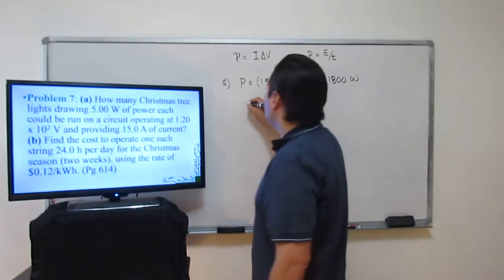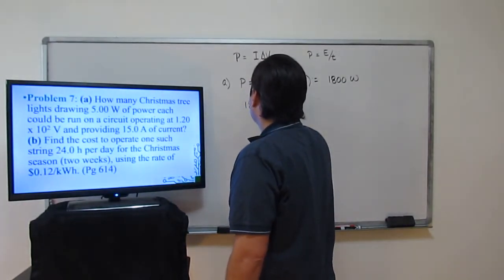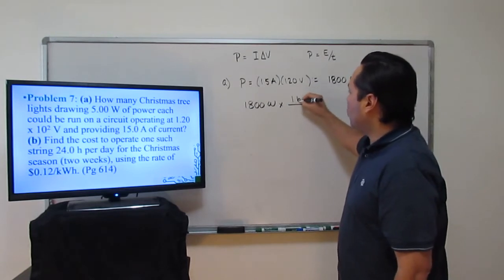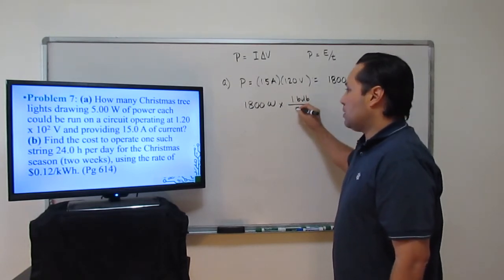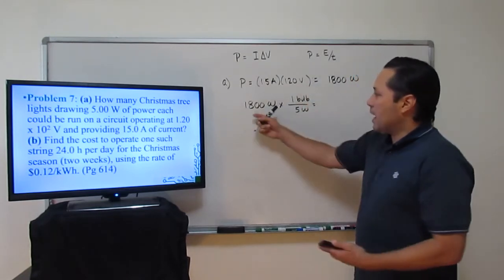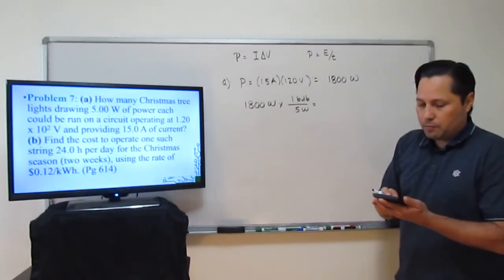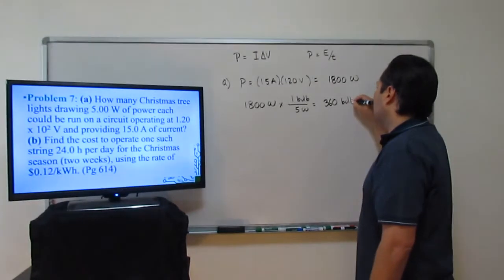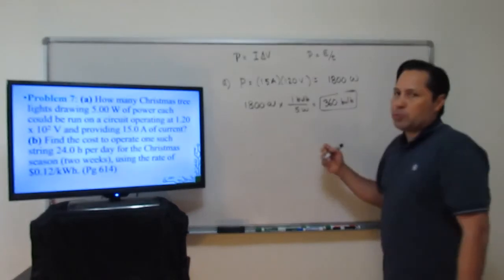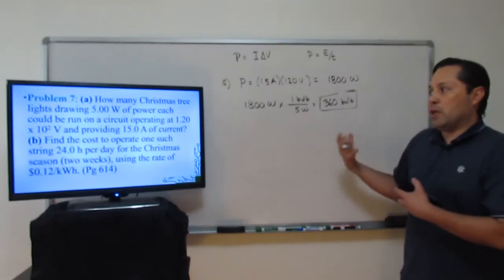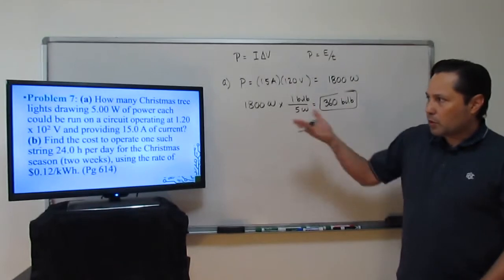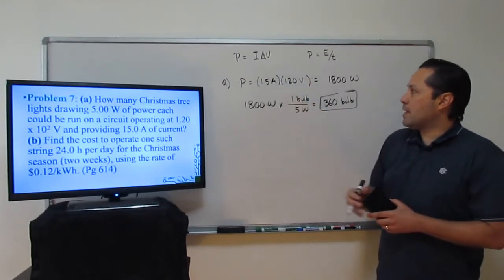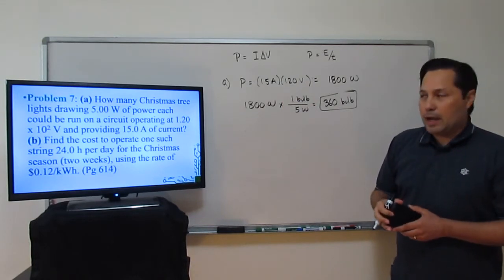So I'm going to get my 1800 watts, and for every one bulb, it's 5 watts. So 1800 divided by 5 gives me 360 of these little tiny Christmas bulbs that could be illuminated with a voltage of 120 volts and a current of 15 amps.